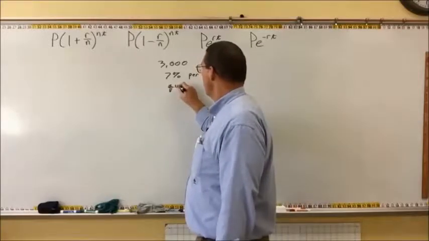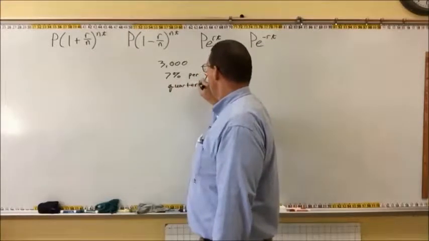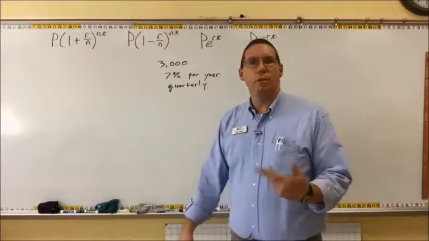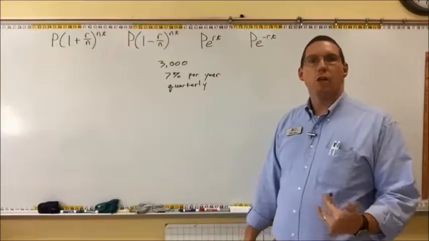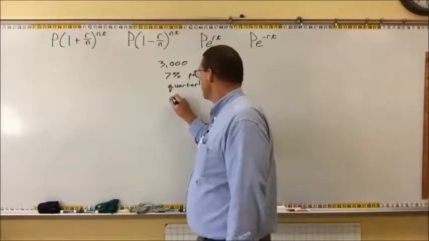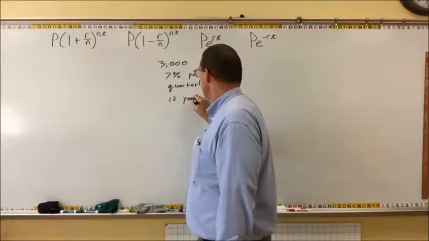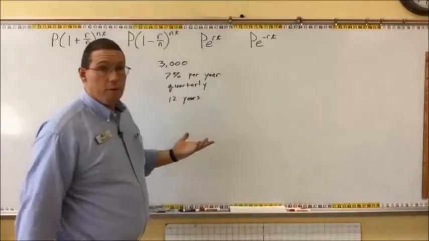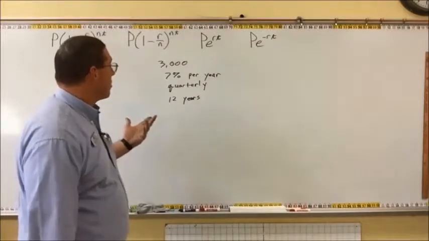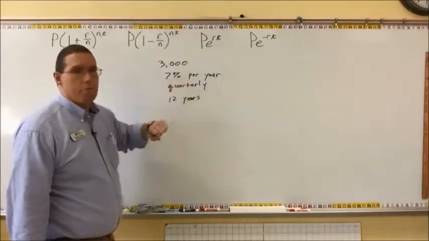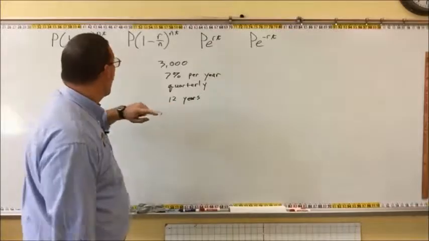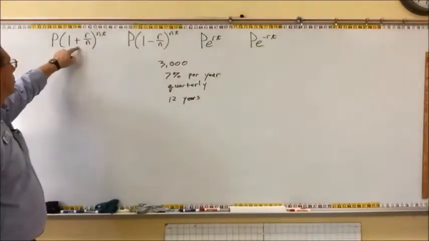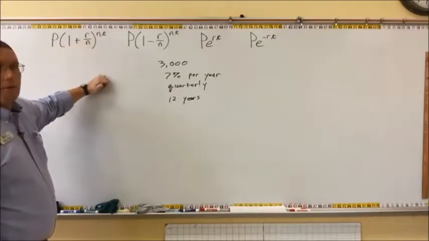And we want to know how many will there be after 12 years? Well, it says quarterly. It doesn't say continuously, so it's discrete. And it says it's growing at 7% per year, so it's a discrete growth. So we're going to do P times 1 plus R over N to the power of NT.